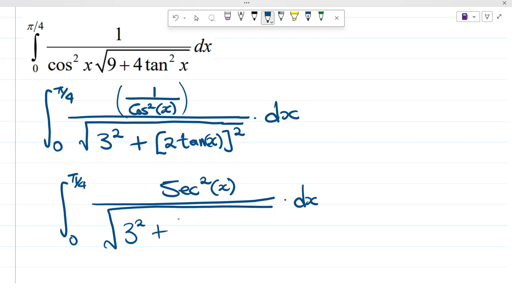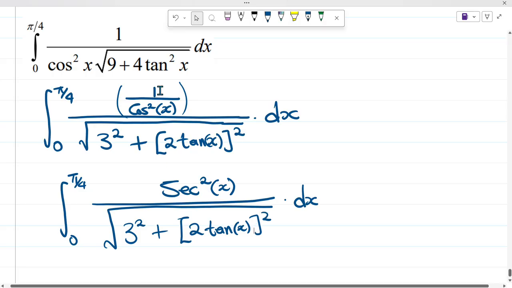We are not changing anything in the denominator. So what are we doing here? I've changed 1 over cos squared of x to its equivalent when it comes to reciprocal. Why did I do that? Because I know that on my numerator, I'm supposed to have the derivative of this.